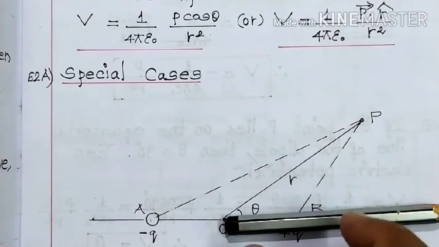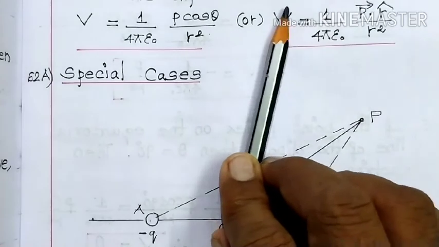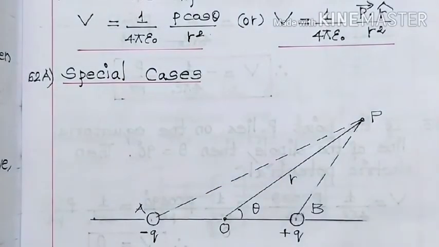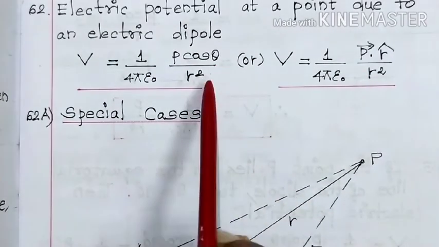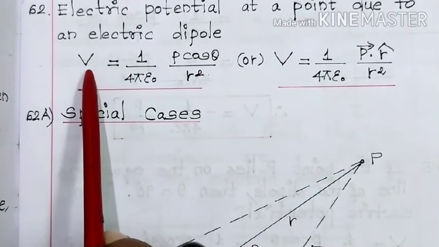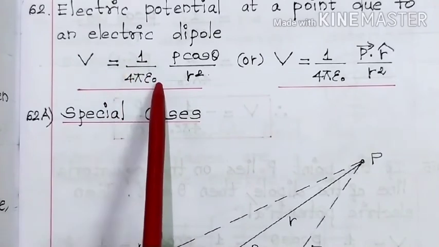This angle becomes like this, and it comes this side. So 180 degree. Now, if I substitute 180 degree over here, cos 180, what is the value? Minus 1. So this electrostatic potential will become V is equal to minus 1 by 4 pi epsilon naught P by R square.